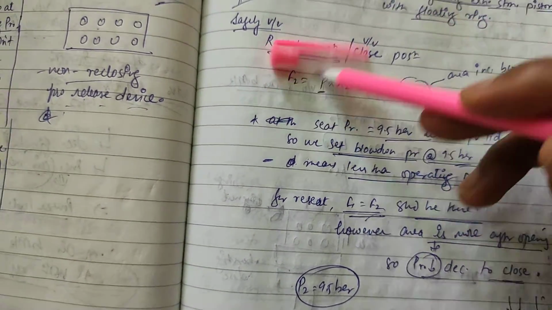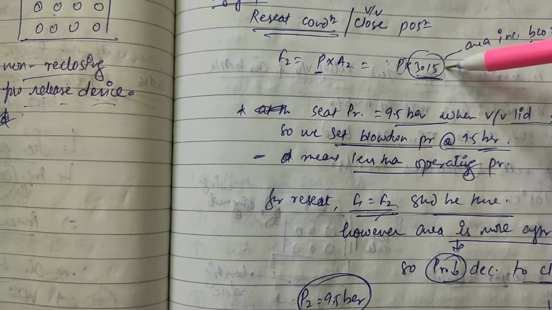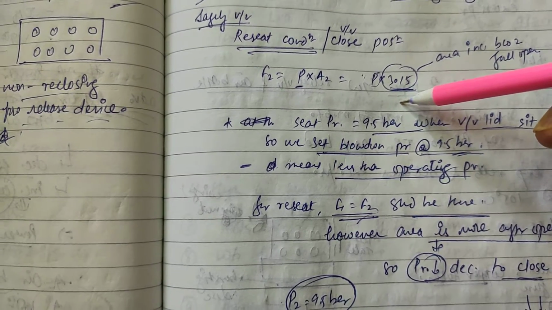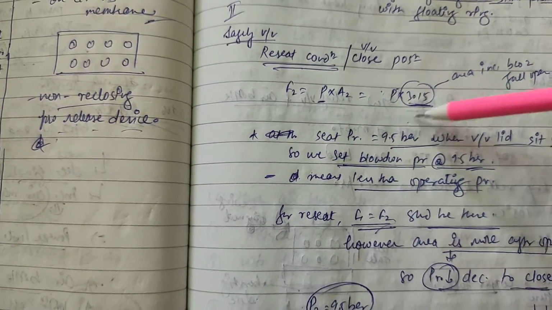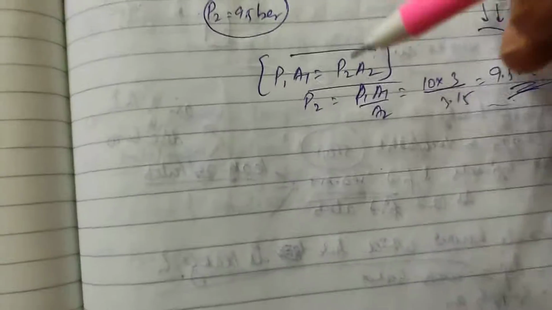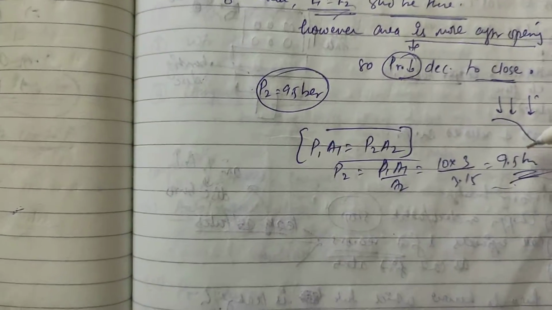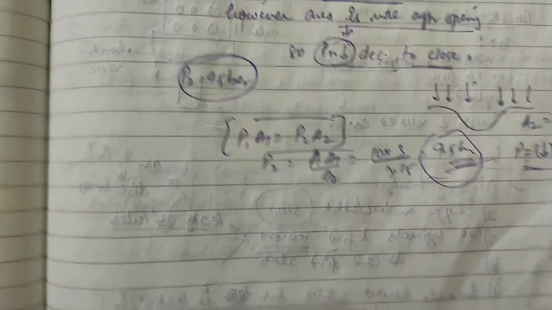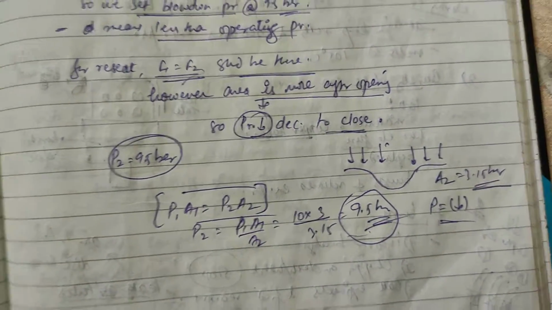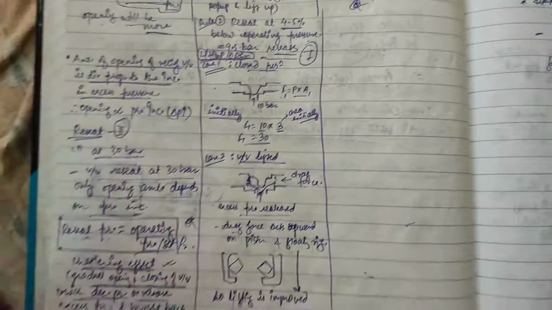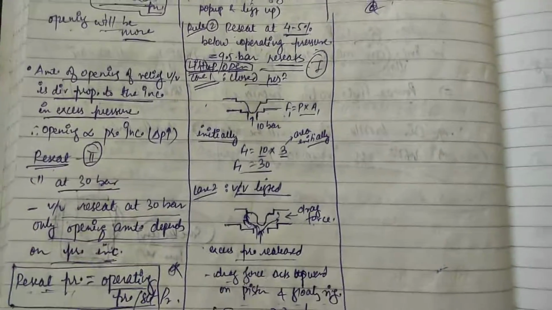So the area has increased, let's say to 3.15, so P into 3.15. Force 1 equals force 2, so P1A1 equals P2A2, and then we find the pressure is 9.5 bar. This is why the safety valve sits at a lower pressure.